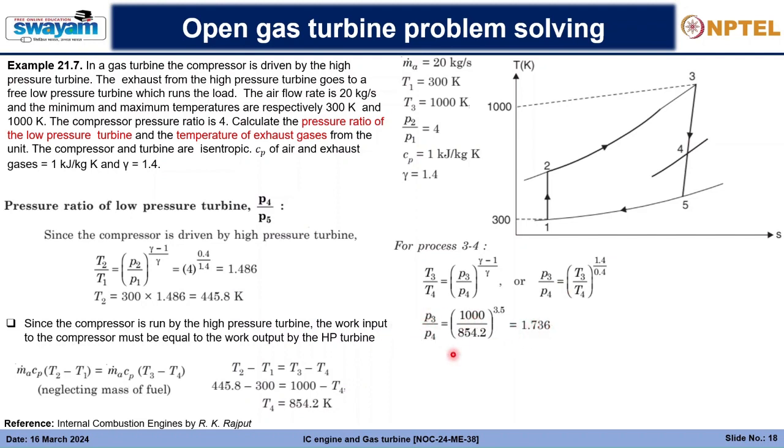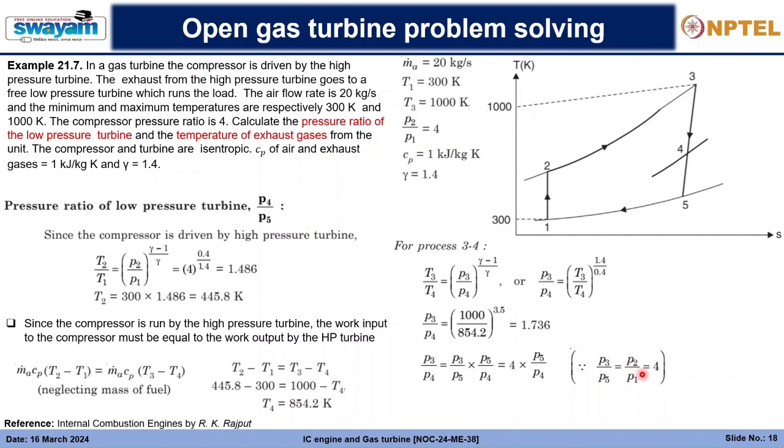Now we will bring in the value of P5. How? P3 by P4 is equal to P3 by P5 into P5 by P4, right? We already know that P3 by P5 is equal to P2 by P1, that is 4, into P5 by P4, which we do not know.